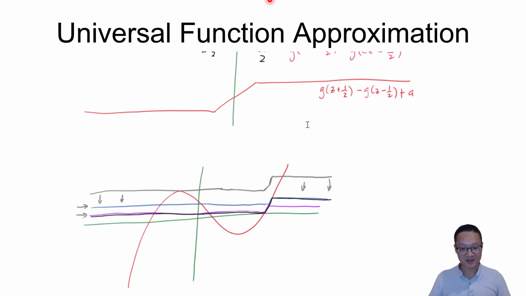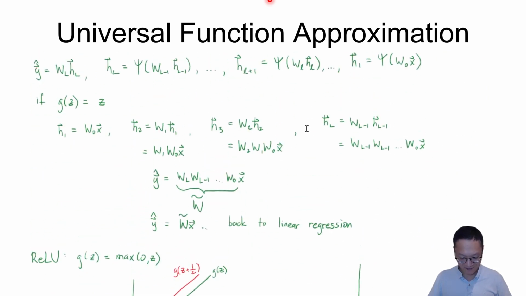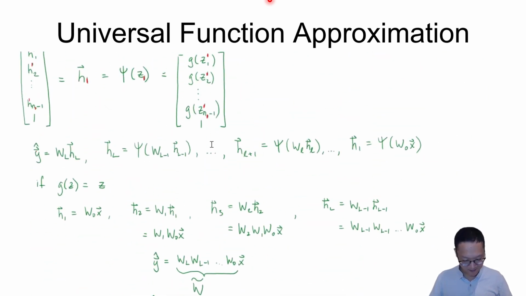In this case, the multi-layer perceptron only has one hidden layer. So what does that look like from the definition of the multi-layer perceptron? We would just have y equals W1 h, and then h would equal psi of W0 x. So let's write that down.